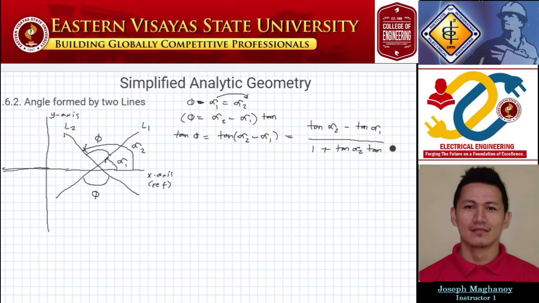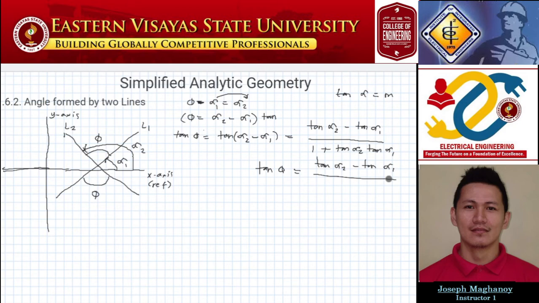Recalling our tangent is equal to m. So finally, our tangent theta is equal to tangent alpha 2 minus tangent alpha 1 over 1 plus tangent alpha 2 tangent alpha 1.